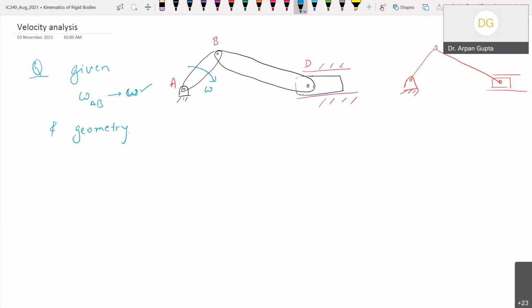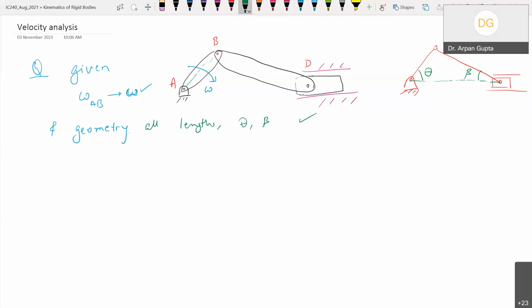So the geometry is known in the sense that length AB is known, BD lengths are known, angles are known. So let us say this angle theta is known, this angle, let us say it is beta, all lengths, theta, beta, these are all known.